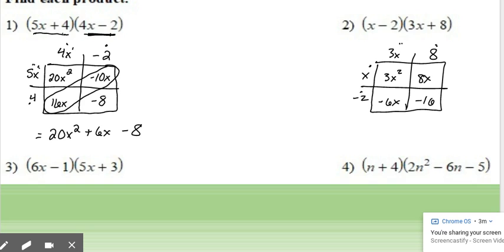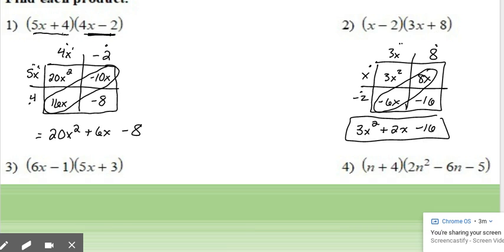And I add up my like terms. So I have 3x squared. I'm going to add my x's together. Negative 6x plus 8x is 2x minus 16. And don't forget the little details like don't forget the plus sign that's sitting right there. That's something that tends to happen when I've given these quizzes out in the past.